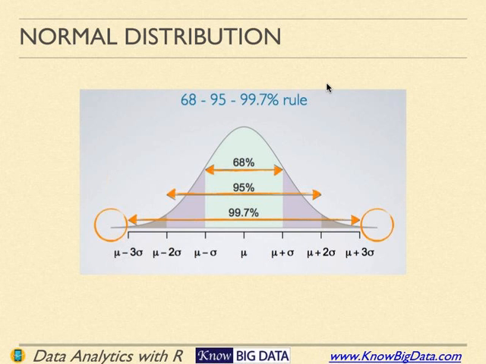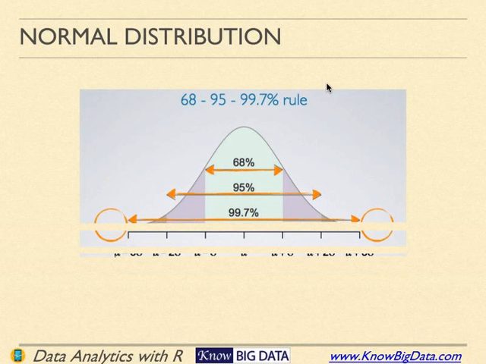The other rule about normal distribution is this rule of 68, 95, 99.7. It means that starting from the center, a single deviation on both sides will cover 68% of the overall area of the graph.